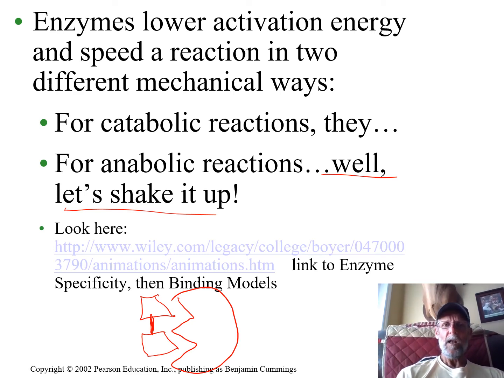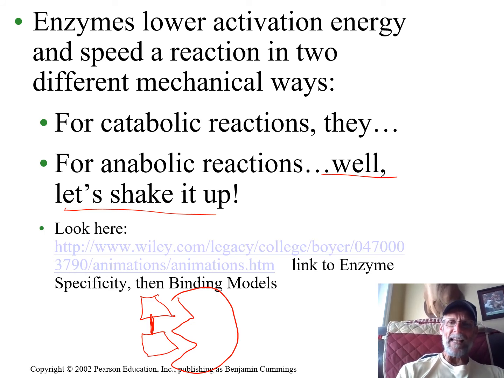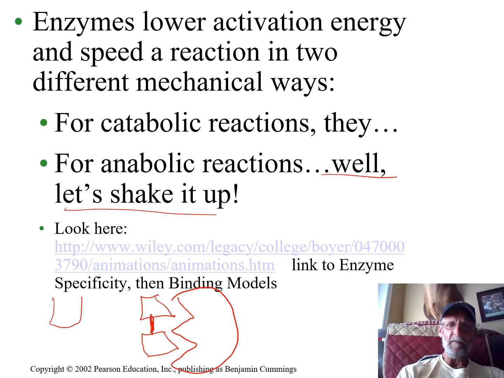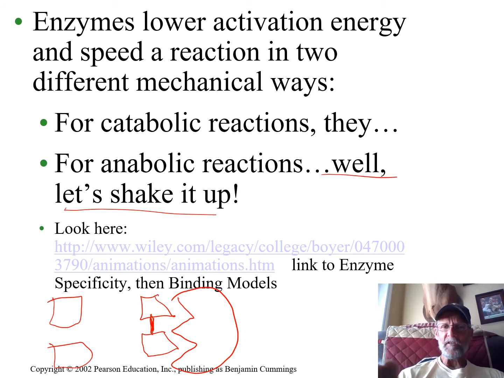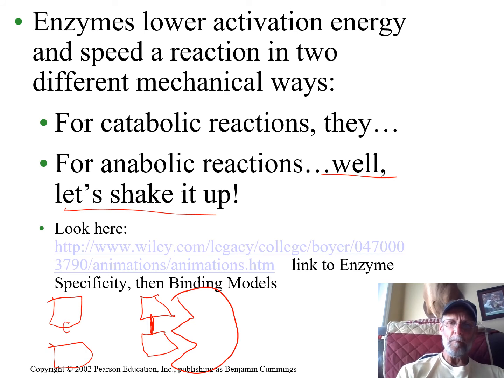Well, how this helps anabolic reactions is that these two molecules, if you think of these as two amino acids, for instance, if you remember way back, when amino acids combine, it's the carboxyl of one that bumps into the amine of another, and that peptide bond forms.